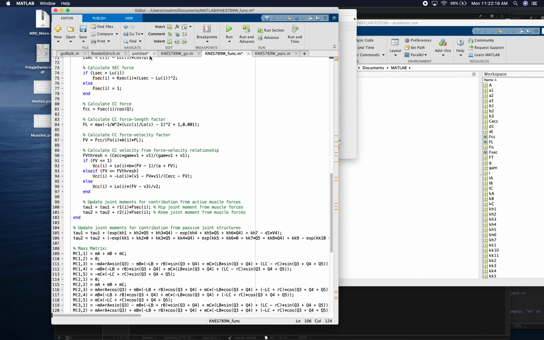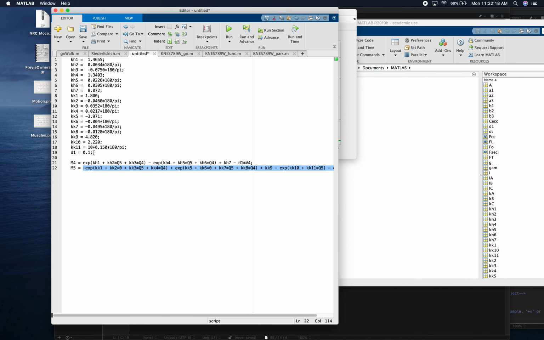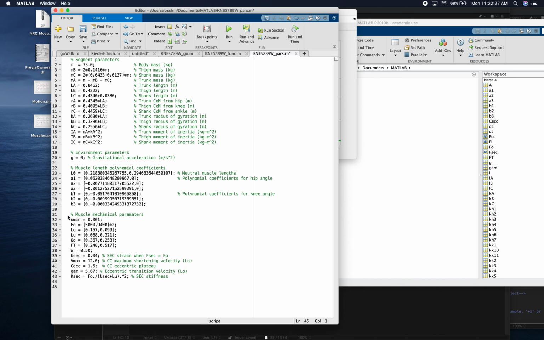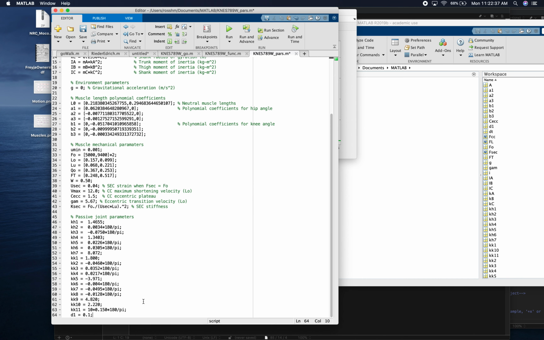Okay. And I've also got some new parameters here for passive joint structure. Let's add that to our muscle model, to our model parameters here. There we go.